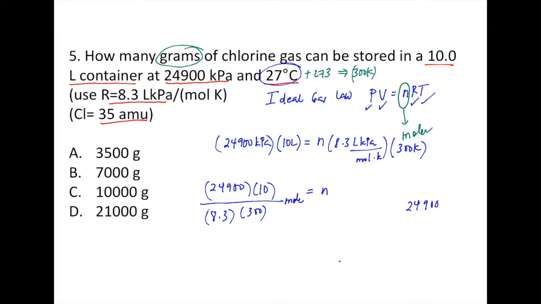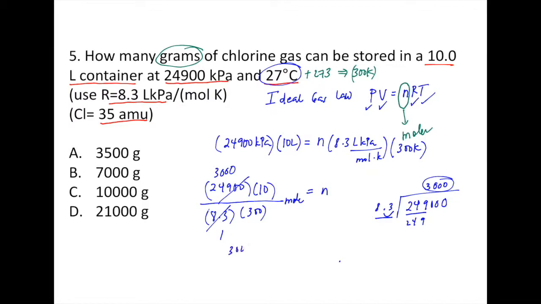So we must be careful with our decimal. So we have here 8.3. So move this and then add another 0. And then 249 divided by 83. So we have here 3 multiplied to 83, that's 249. And therefore we have 3,000.